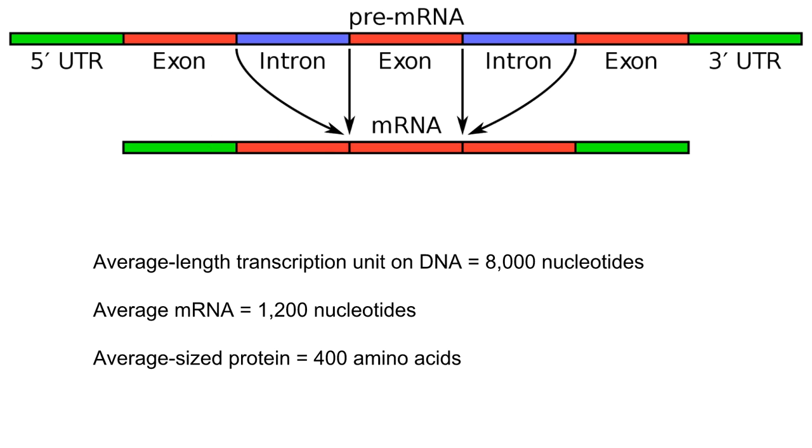Okay, so with a cap and the messenger RNA, the average length of a transcription unit on the DNA is about 8,000 nucleotides long, which makes the average messenger RNA, once you take out introns, 1,200 nucleotides. So that's the average size, and those 1,200 make an average size protein of about 400 amino acids.